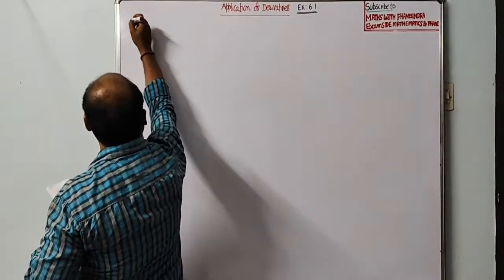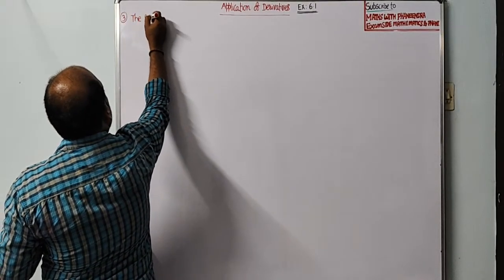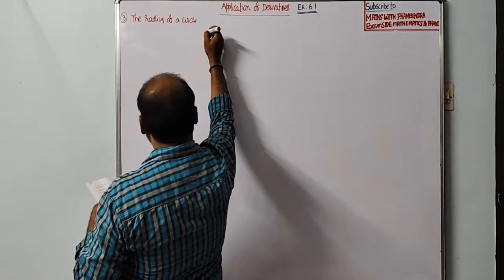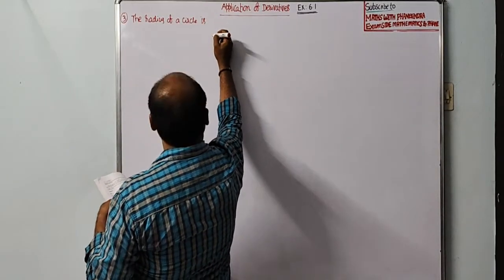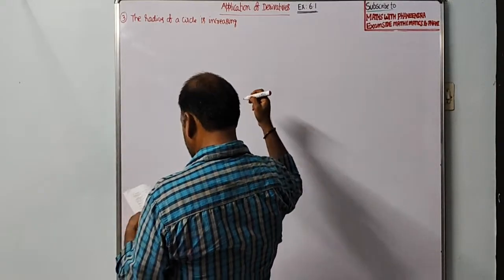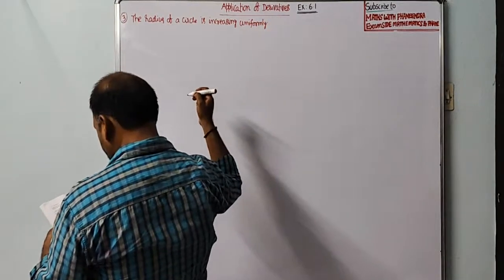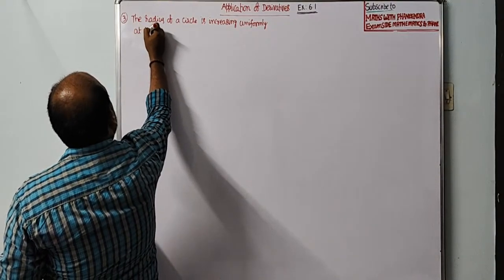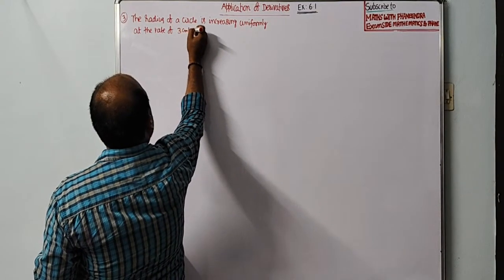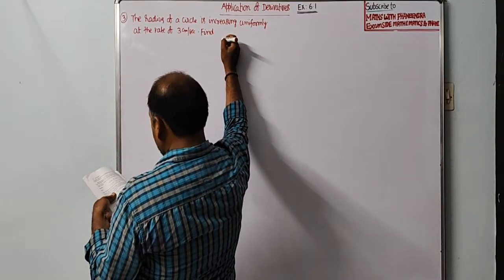The next question, number 3. The radius of a circle is increasing uniformly at the rate of 3 centimeter per second.